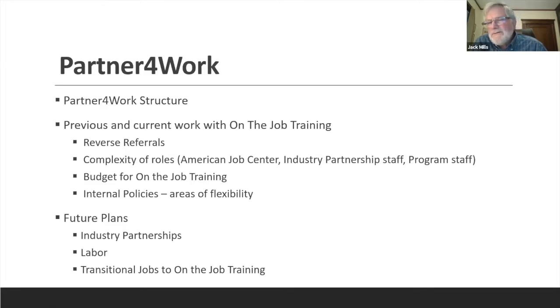I want to turn to future plans. I haven't talked about the industry partnerships yet, because so far our relationships around OJT have been one-offs. It's not that the employers aren't in industry partnerships; some of them are, some of them aren't. But we really want to leverage our industry partnerships much more. The whole idea of finding champions, we use the concept of business champions all over the industry partnerships, particularly around the priorities the employers define for their industries.